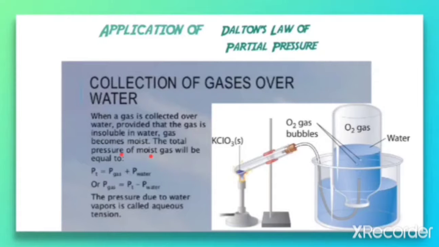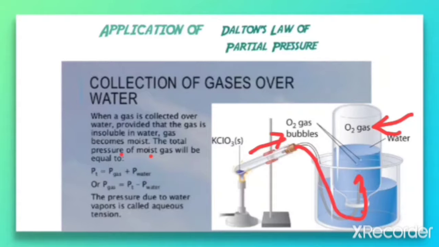Whenever a gas is produced during a reaction like here, that gas is collected over the water. As you can see, the gas is collected over the water, and the gases will be depositing here. You can see the oxygen gas which is produced here will be collected over the water, so the gas becomes moist here.